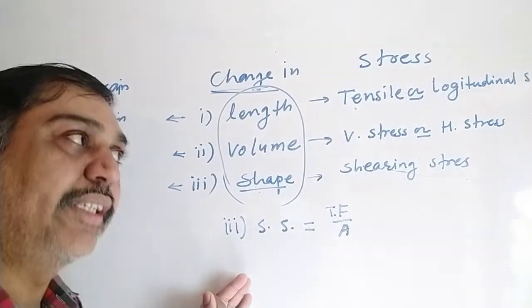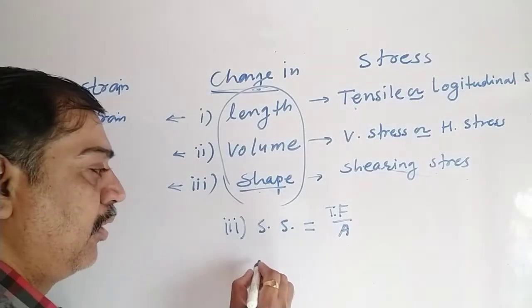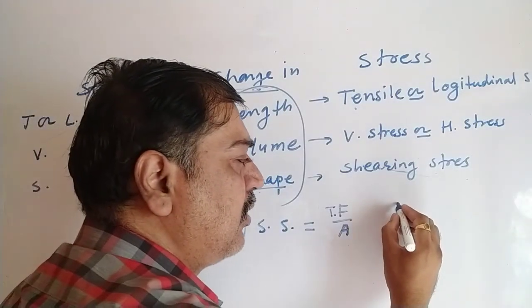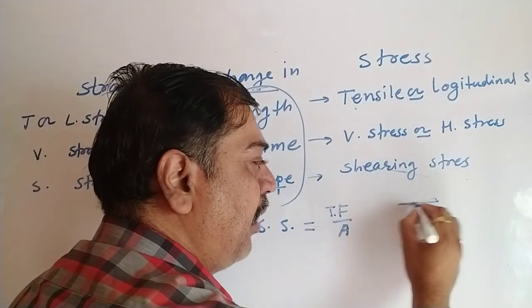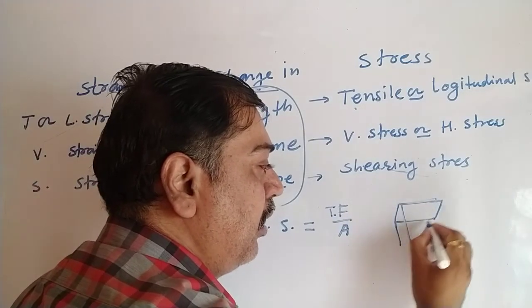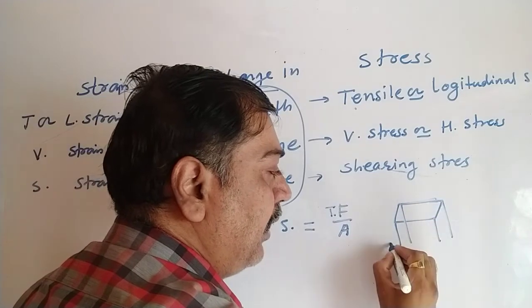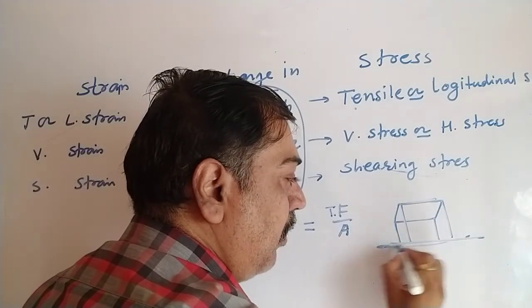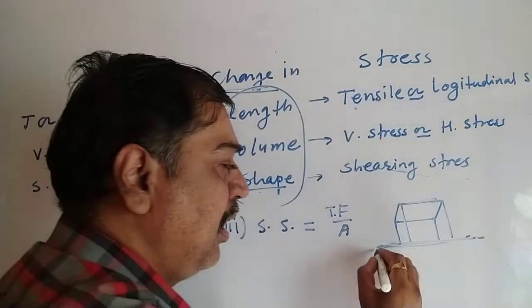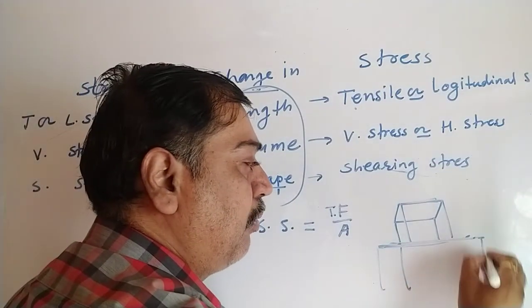So how can you change the shape? Suppose we have taken such type of diagram, a box, a cubical shape, and we have fixed this cube on the table. On this table we have applied Fevicol or some glue at the bottom, and it was fixed here.